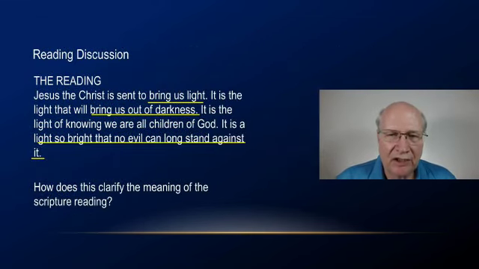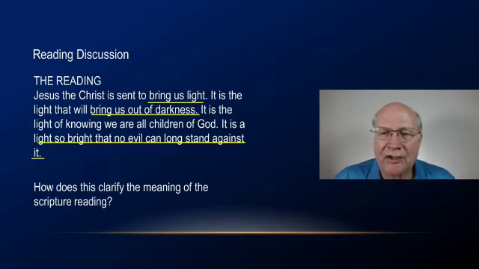Then you can see the discussion of the reading, and again, how does that clarify the meaning of the scripture? So in this particular case, it says, Jesus the Christ is sent to bring us light. So I underline bring us light because I'm seeing that again. Bring us out of darkness, a light so bright that no evil can long stand against it. Again, that seems very positive. It seems to me, again, we're talking about the I Ching workshop being something that can bring light.